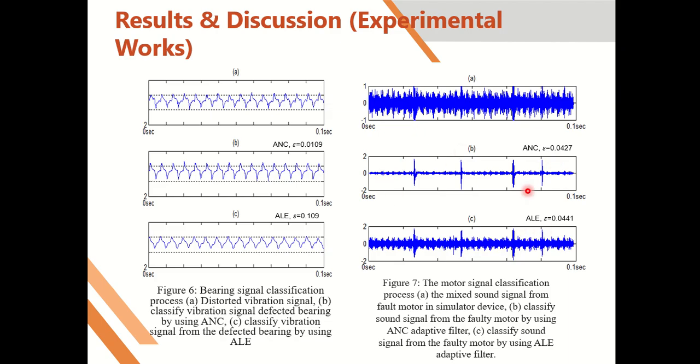As you can see, this here is the filtered signal by using ANC, and this here is the filtered signal by using the ALE filter. So generally, both filters can remove the unwanted signal. And in terms of efficiency, in experimental work it is shown that ANC is much better than the ALE filter. The same thing goes for the sound signal.